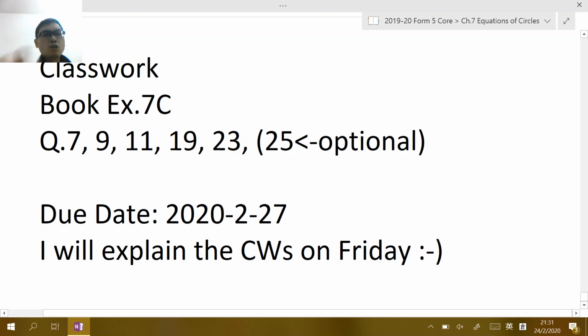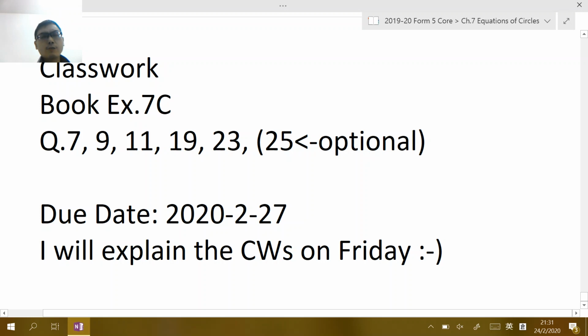Both questions have an unknown constant in the tangent to the circle, so you have to substitute into the circle and then use discriminant equals 0 to find that unknown constant. You may just do either one of them. 25 is longer, so 25 is optional.